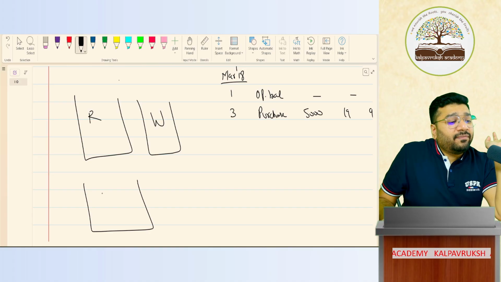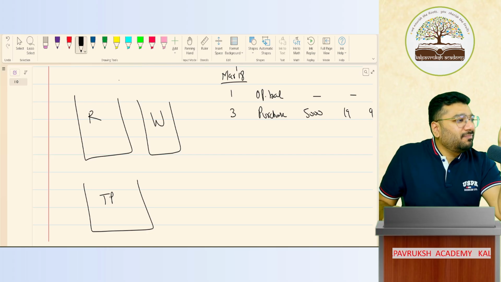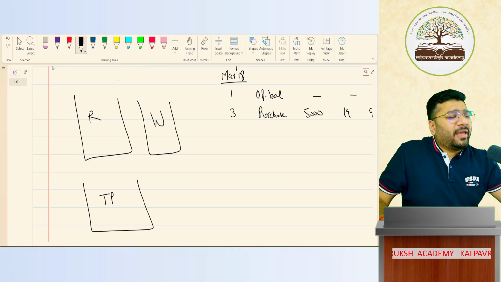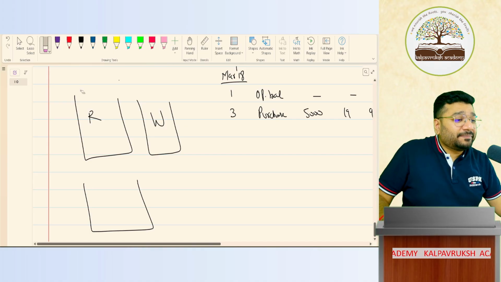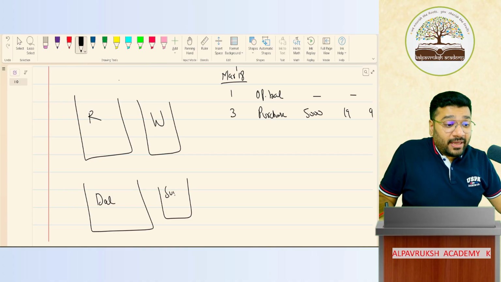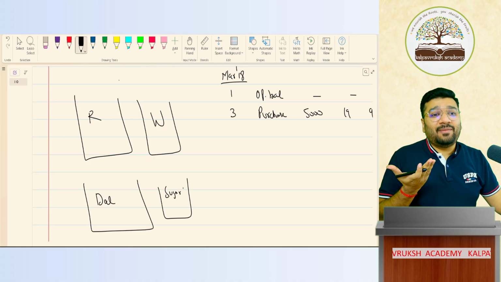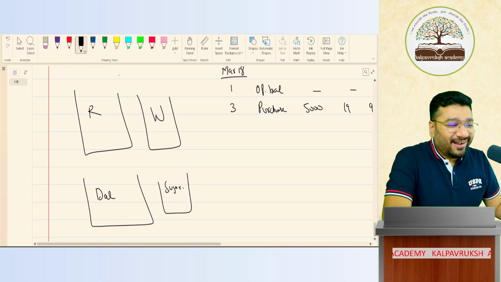In one, I have, let's say, tea powder. Tea powder generally they give in packets, but I'm telling, I put in the barrel. Dal, very good. Then, sugar, okay. Salt எல்லாம் வெளில பார்த்தது இல்லம்மா நானு. எவன் சால்ட் ஓப்பன்ல வச்சிருப்பா?